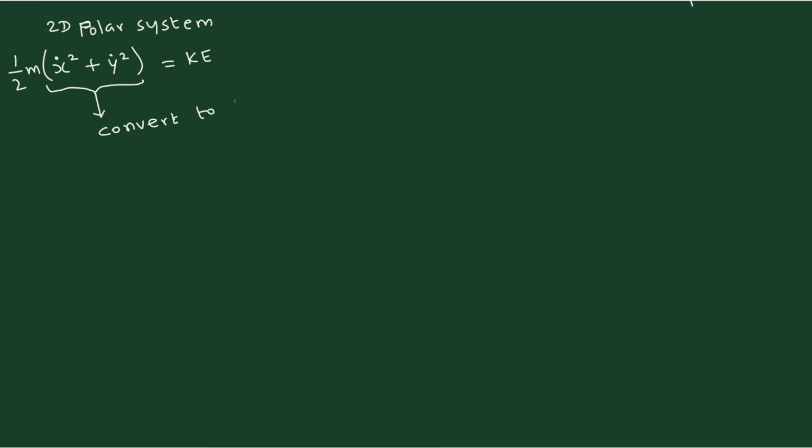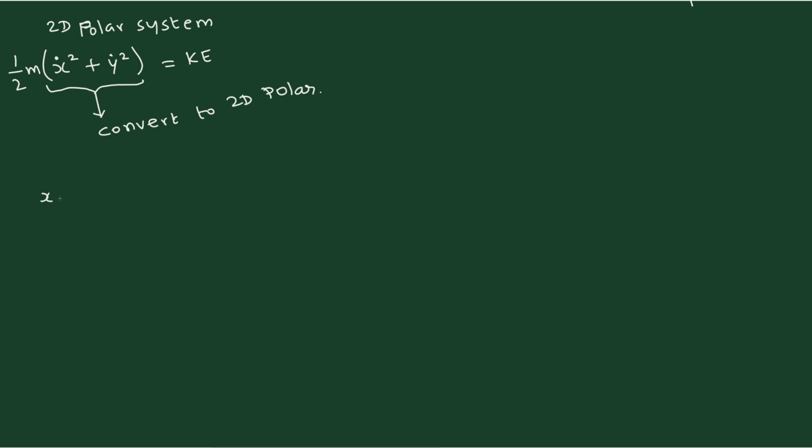So in the case of the 2D polar system, we need to obtain x dot square plus y dot square converted to 2D polar. The half m is not important, so let me put it in.